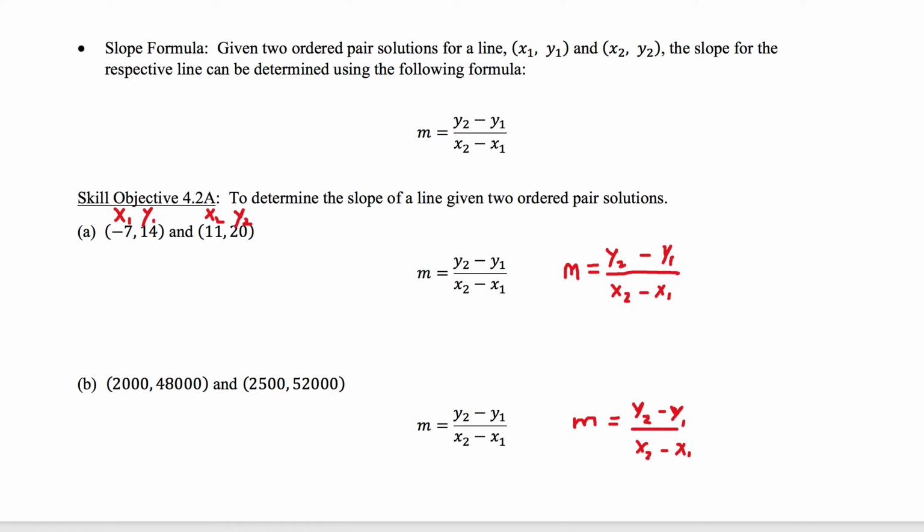All right, so the first thing I'm going to do is come to my formula, and in place of the y2, I'm going to erase the y2, and in its place, I'm going to put the 20. Okay, then I'm going to do the same thing for the y1. So in my formula, I erase the y1, and in its place, I'm going to be putting 14.